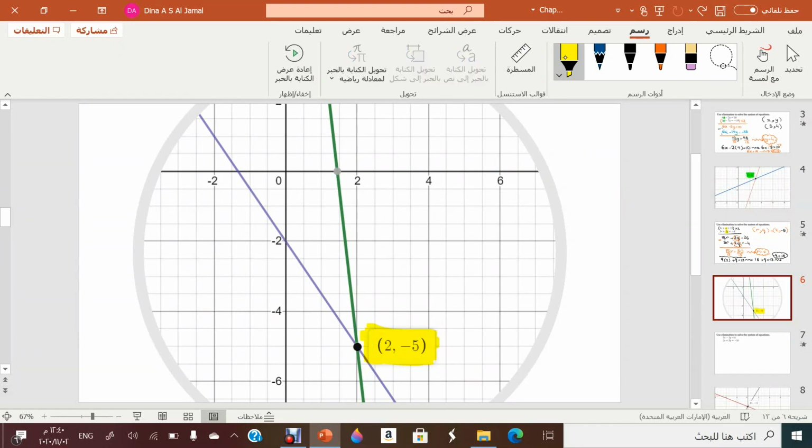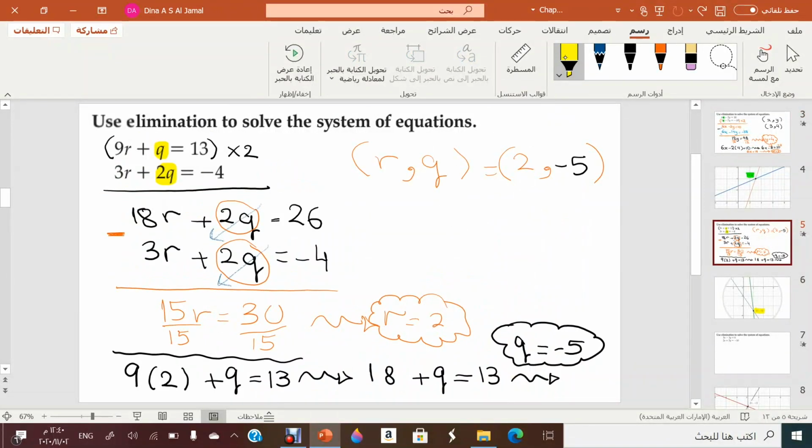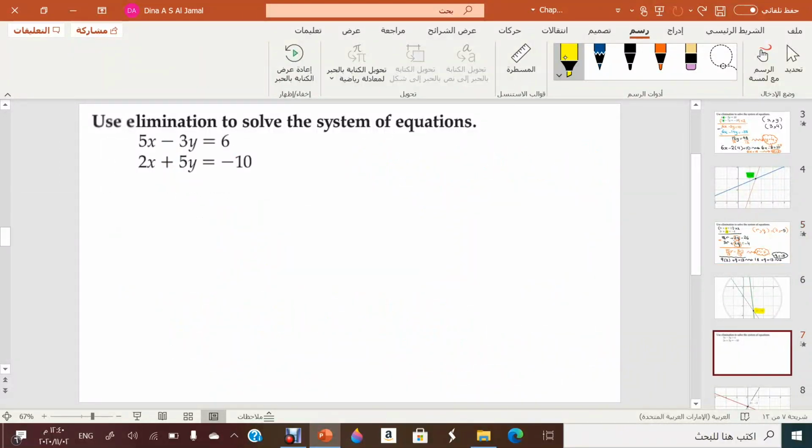Now, all of these questions, 1 and 2, there was a relationship between the coefficients. What if we do not have any relationship between the coefficients? As we did before, in the beginning of the video, we will be multiplying each number by the other in order to cancel it.